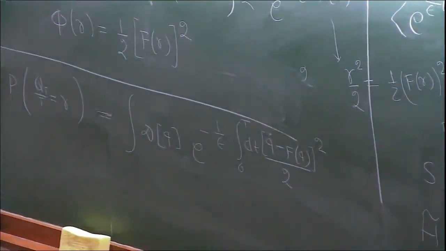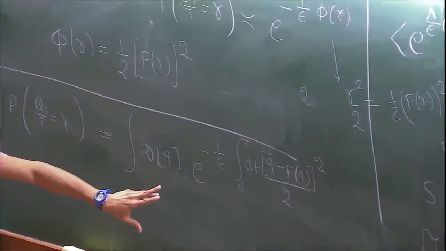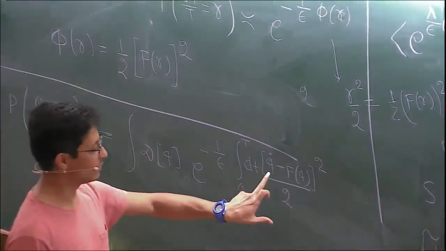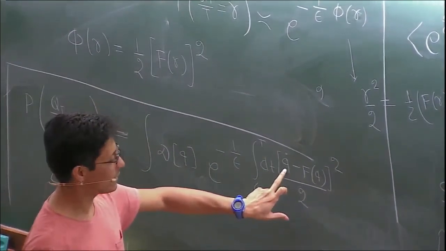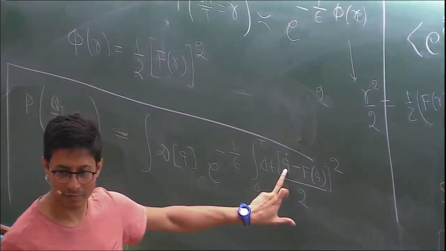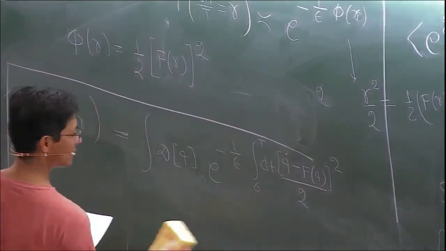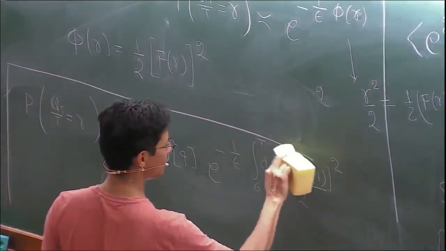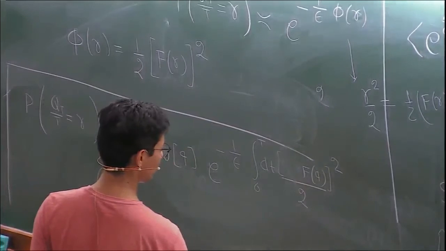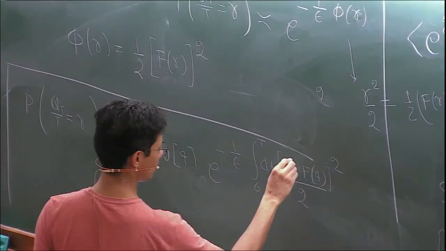Now in the large time limit, the profile that contributes mostly is the time independent one, so q dot is 0. This would simply give you f of q squared. The time just gives you a factor.